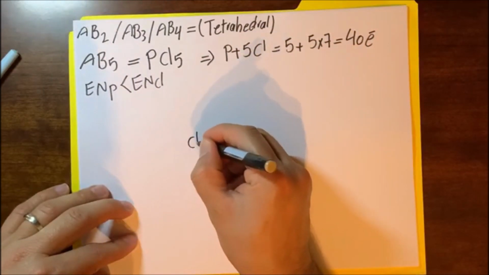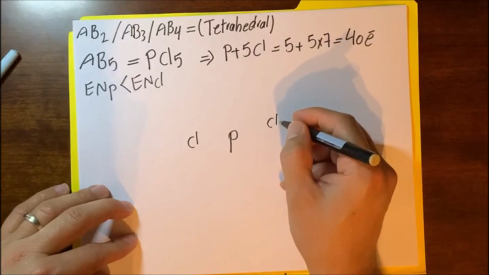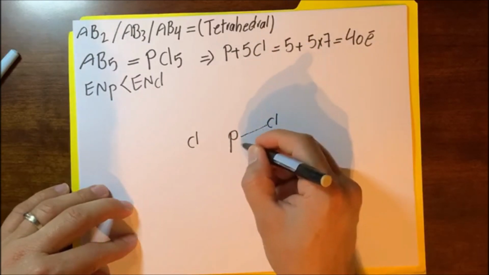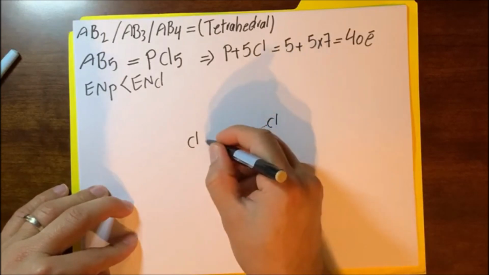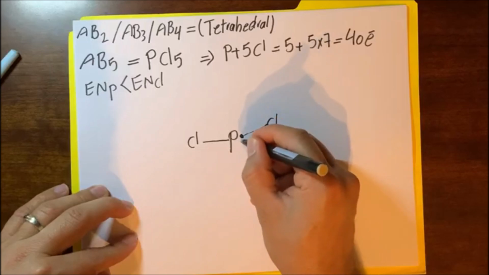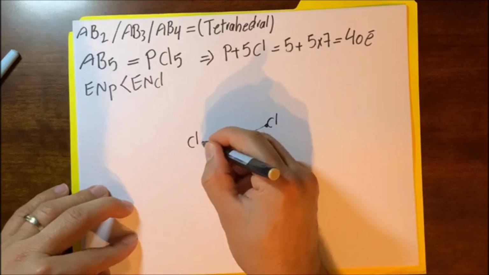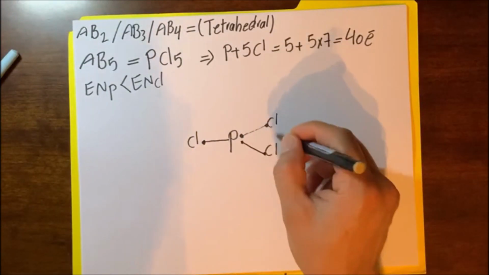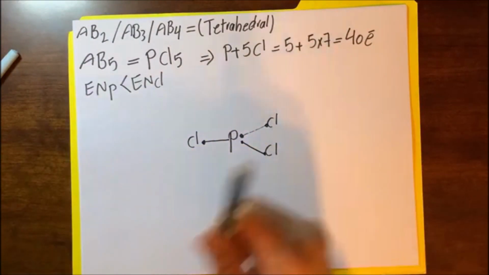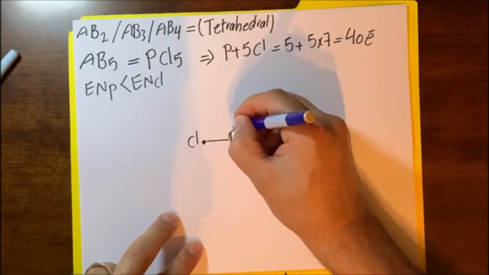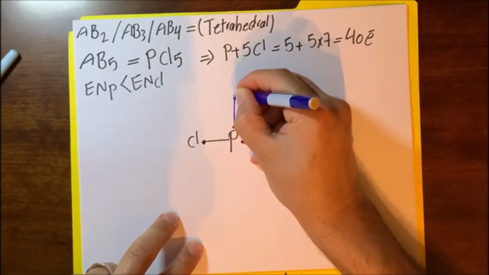You put 3 of them inside the plane, and 2 I put in axial position, up and down.